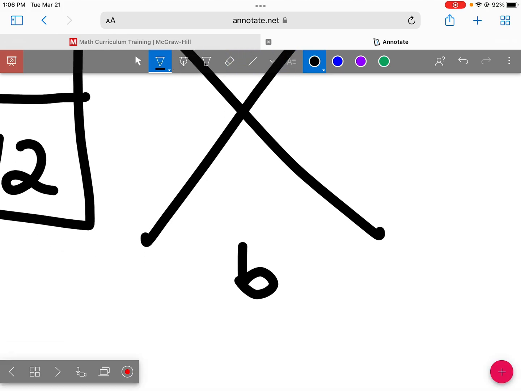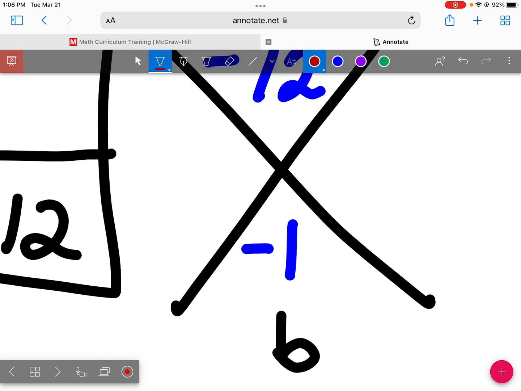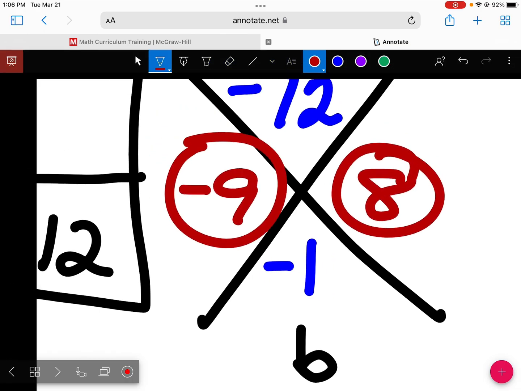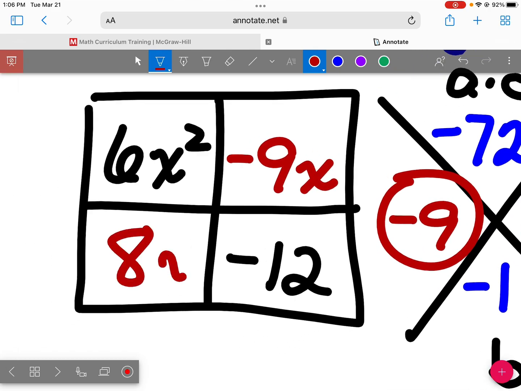Negative 1. What numbers multiply to negative 72 but add to negative 1? Negative 9 and 8. So negative 9x, positive 8x.